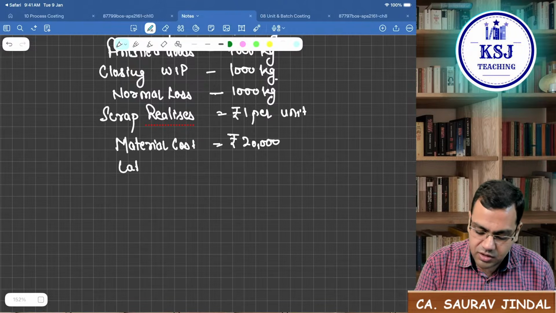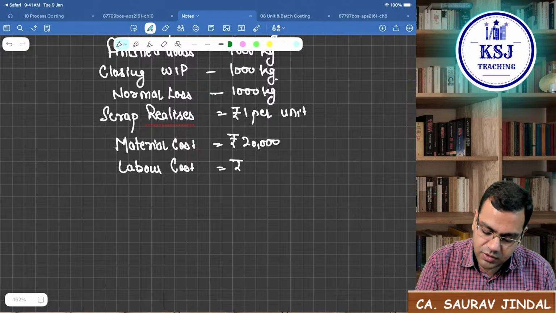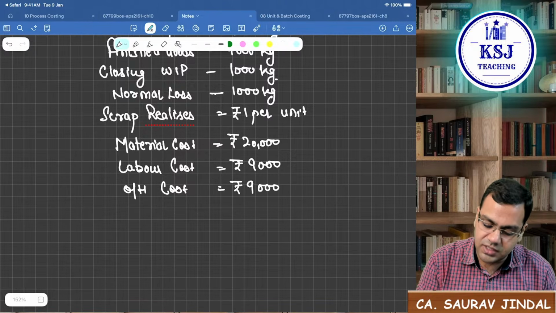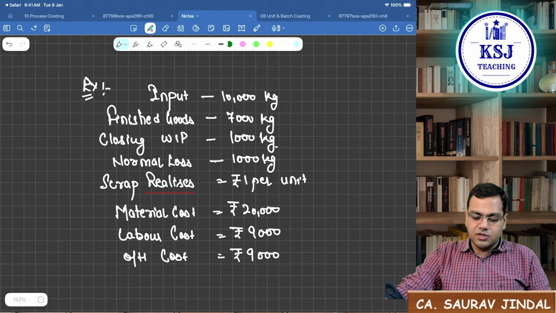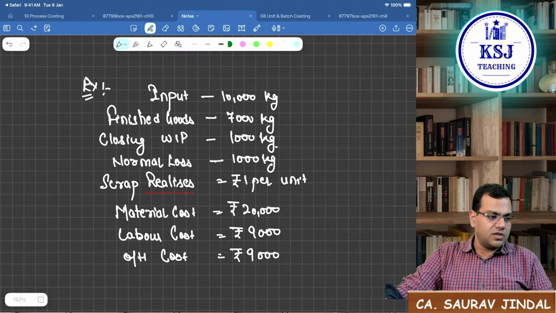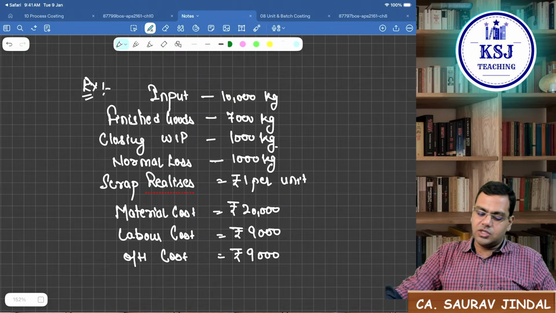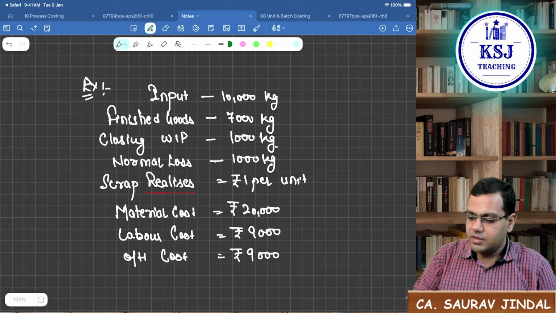Then labor cost incurred is ₹9,000 and overhead cost again is ₹9,000. So this is what is given to you. Input of 10,000 kg, finished goods of 7,000 kg, closing WIP of 1,000 kg, normal loss of 1,000, scrap ₹1. Written, everyone?